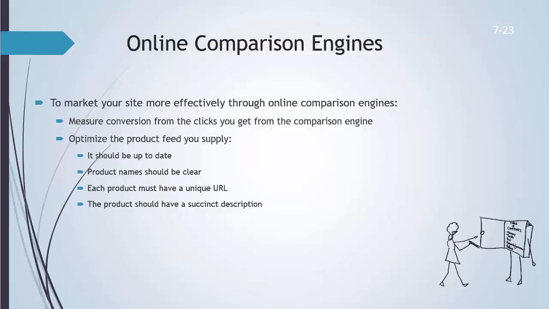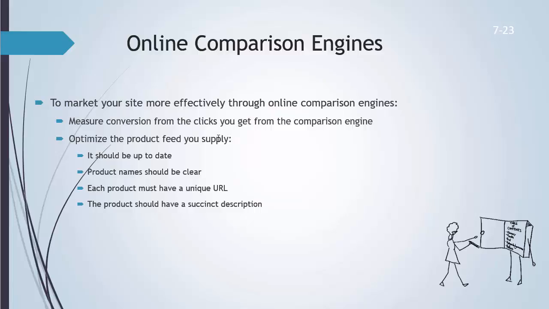And that's easy to do if you're using Google Analytics to do that. So if you're looking at your campaign, you want to measure that conversion from the clicks. So did it come up on the comparison site? Did people click on it? Then even follow through. Once they clicked on it, came to your site, did they actually buy anything?